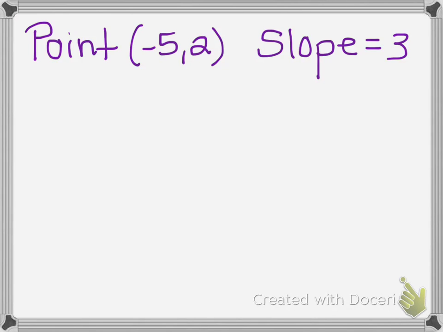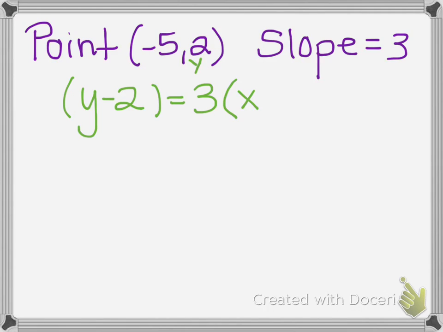So we would say y minus 2, because this is our y value, equals 3 for our slope, times x plus 5, because again we have a negative right here, and in the original equation I gave to you at the beginning it says x minus 5, so x minus negative 5 turns into x plus 5.